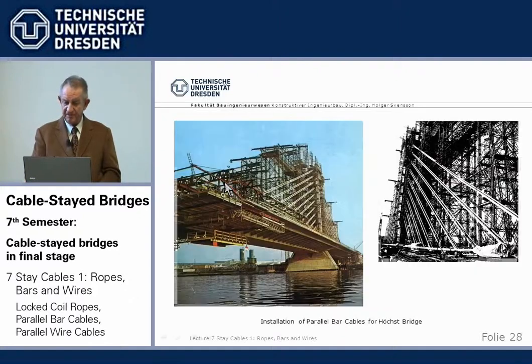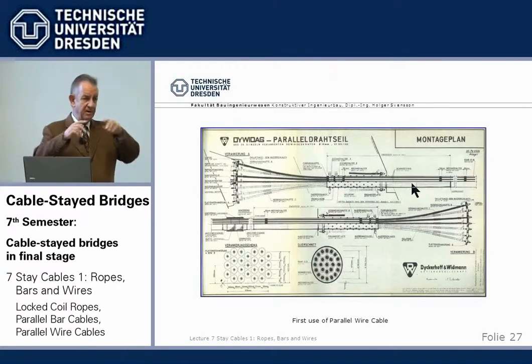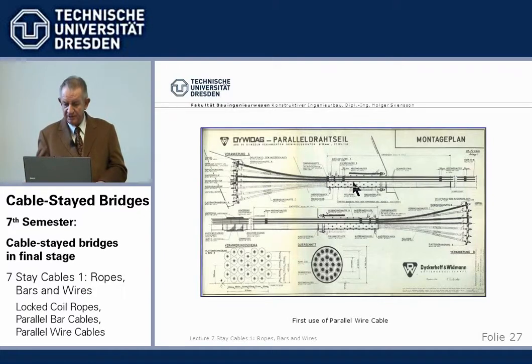Developed by Finsterwalder for the second Höchst Bridge, which we mentioned earlier. He wanted to use Dywidag stress bars, and for permanent loads he had these bars with a thread and a nut at the end, cast into the concrete. Outside he used a heavy, thick steel pipe around, and had a special bonding mechanism cast into the concrete.